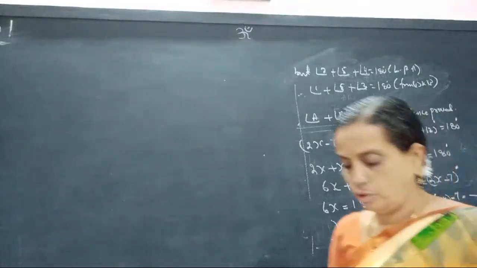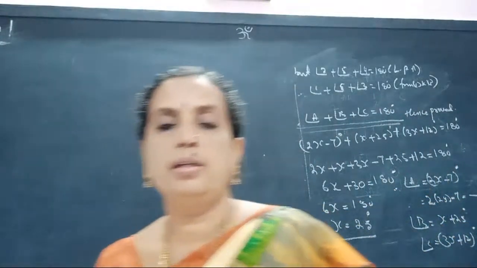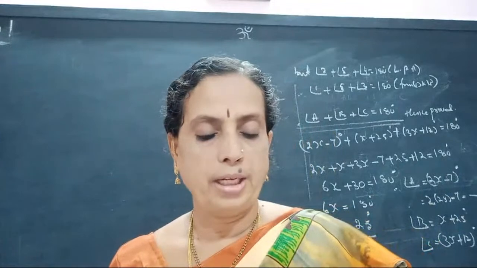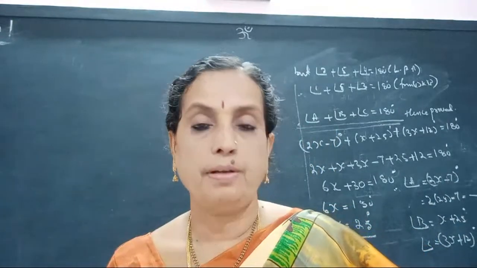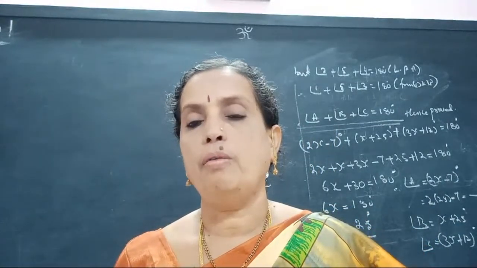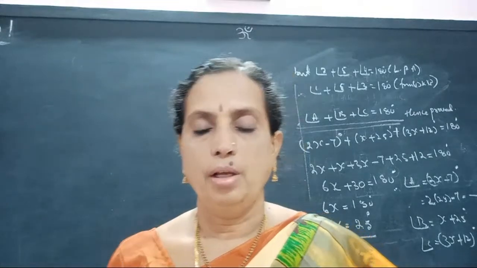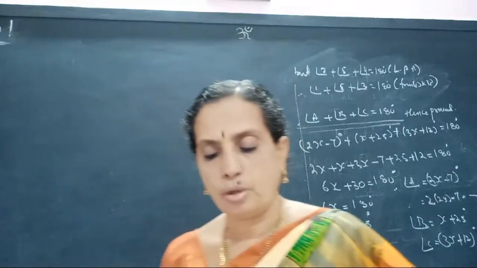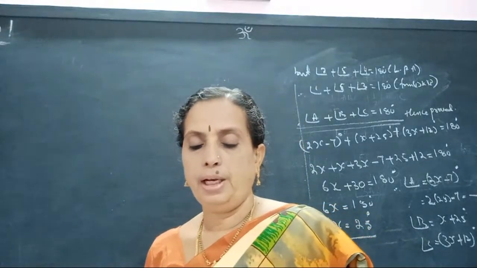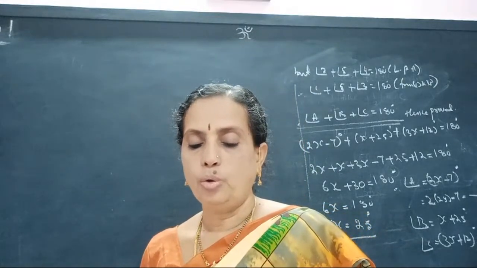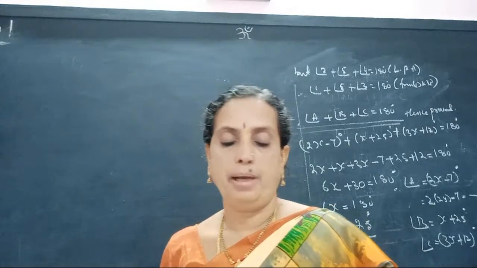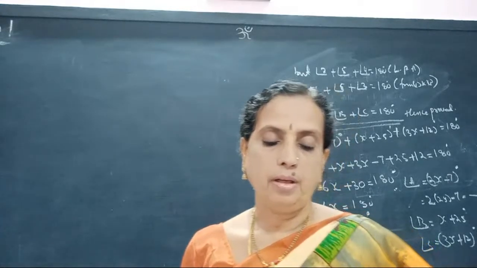Another important question regards when two lines are intersected by a transversal, then the sum of co-interior angles is supplementary. Based on that, here is the question. In the figure, AB and CD are two parallel lines intersected by a transversal EF.